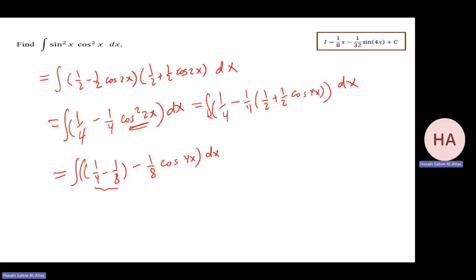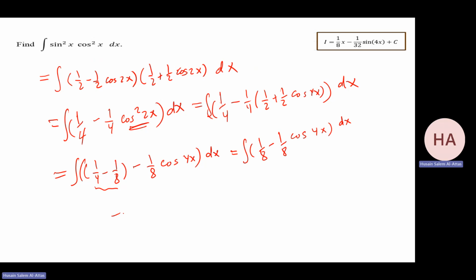This is 1 over 8. So that will be the integral of 1 over 8 minus 1 over 8 cosine 4x dx.